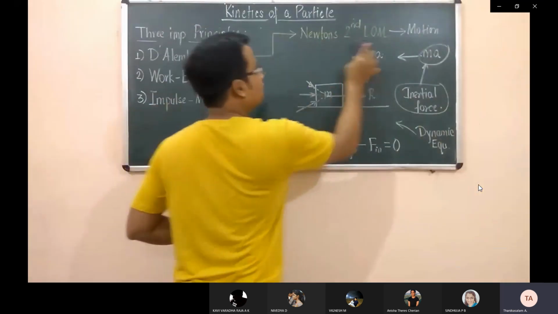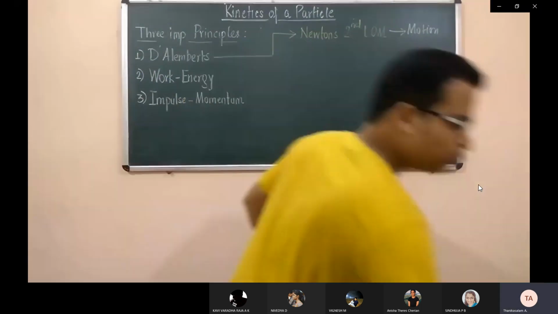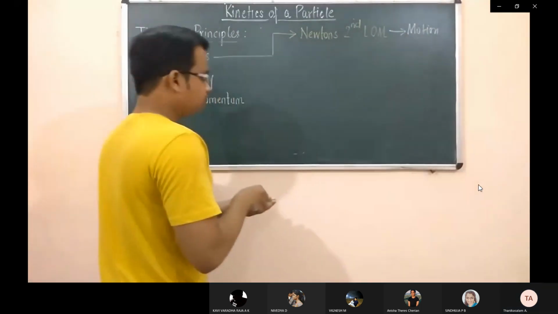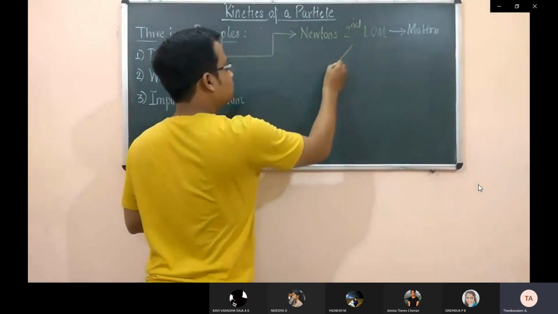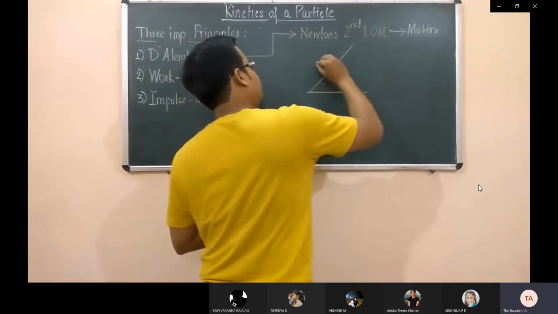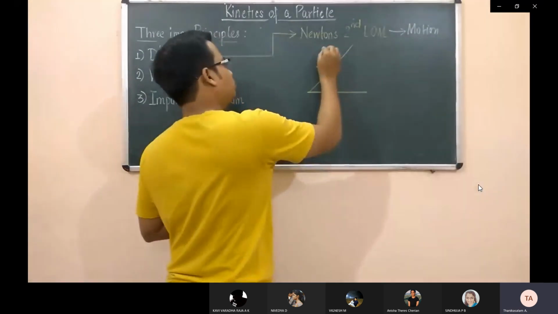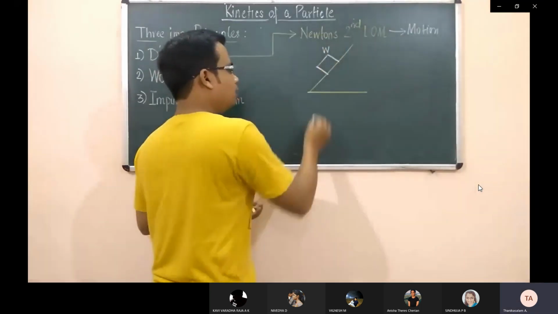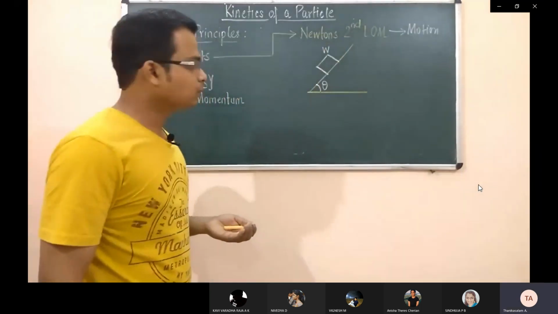Let me rub all of this. And the example that we're going to take right now is going to be absolutely based on an inclined plane. So let's say we have an inclined plane over here, something like this. And onto this plane, we're going to have a body, an object, something of this sort, having a weight W. Now let's say that the inclined plane is at an angle of theta, right?